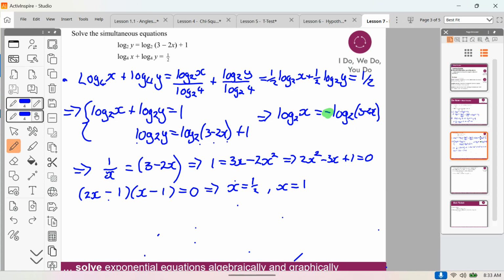Then I need to figure out what my y's are going to be, given those. So I'm going to use this equation here to calculate my y's. I'll start with the 1.